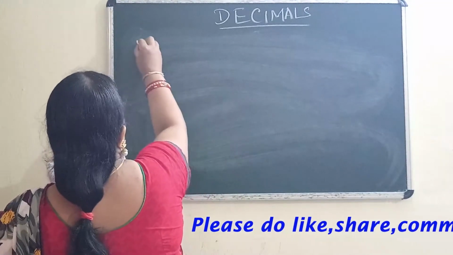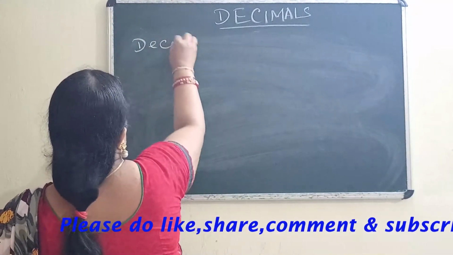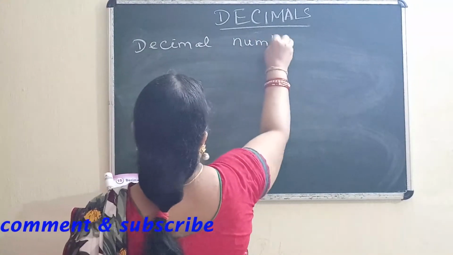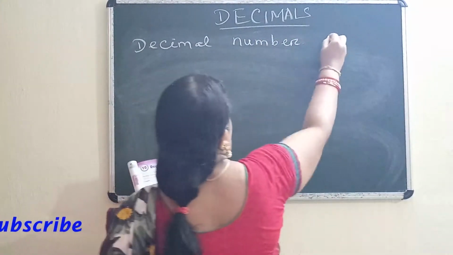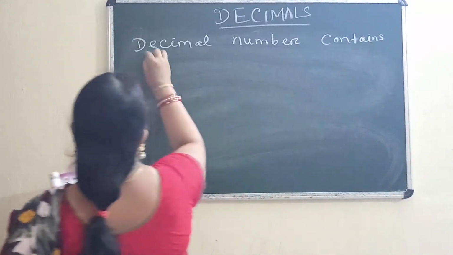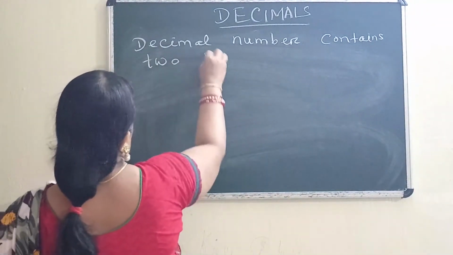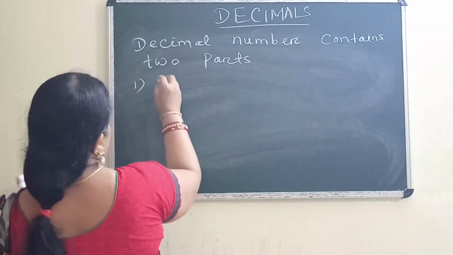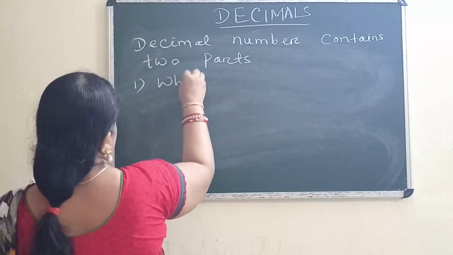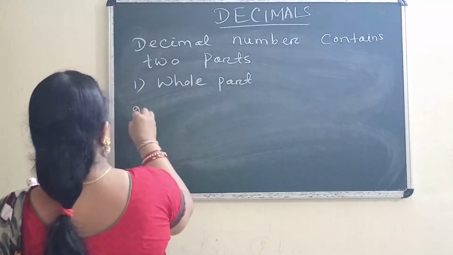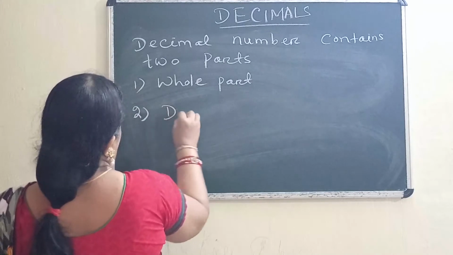So a decimal number contains two parts. One is your whole part, the second is your decimal part.